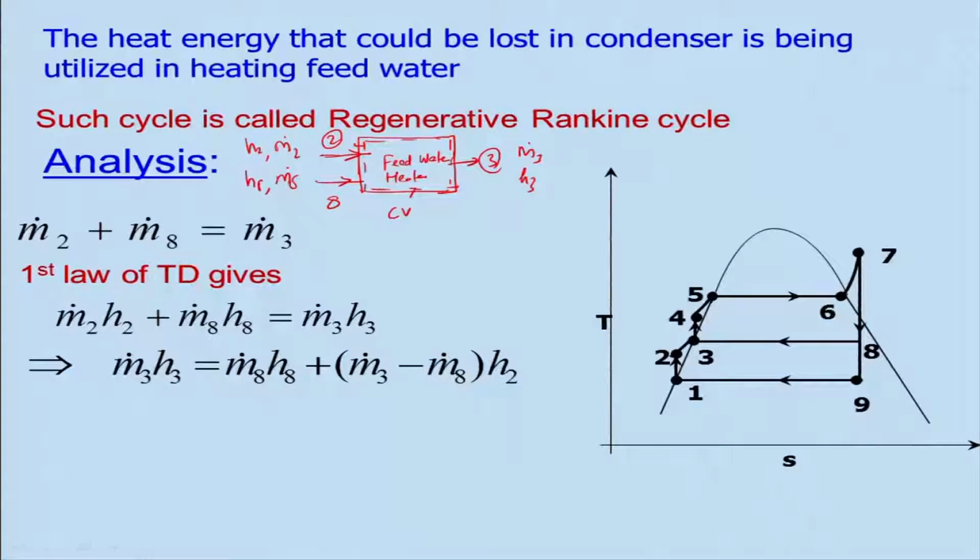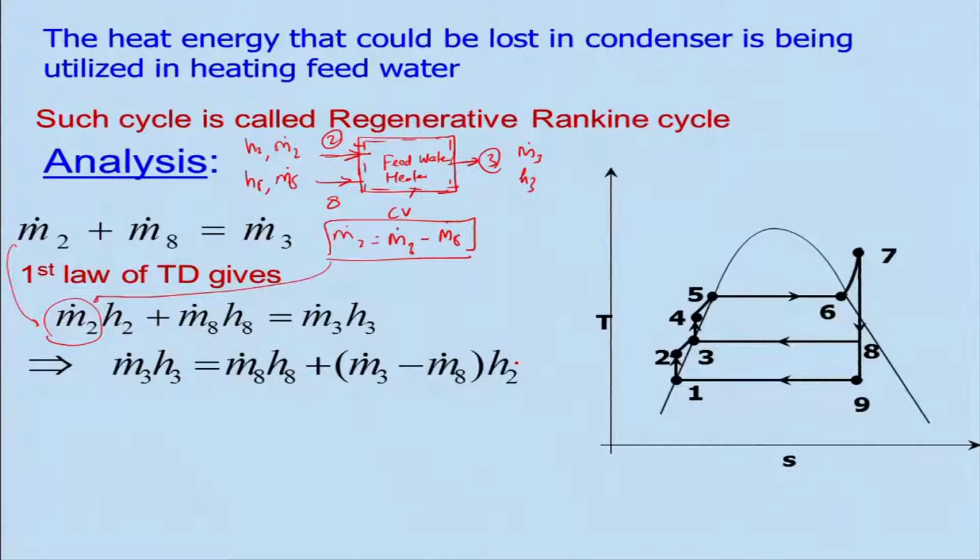For example, in place of m dot 2, from the mass balance I can put m dot 2 equal to m dot 3 minus m dot 8, and put this expression here. Then I will get m dot 3 h 3 is equal to m dot 8 h 8 plus the difference, m dot 3 minus m dot 8, in mass flow rate into h 2.